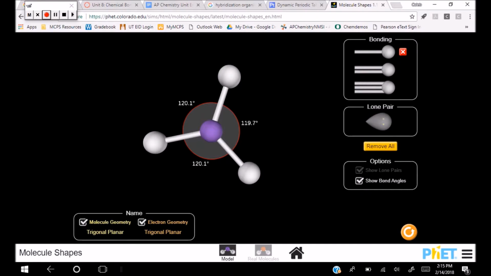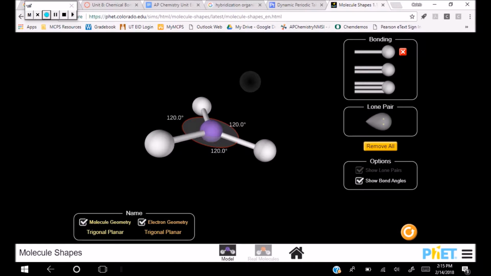So if we go back to 3 bonding groups, we have 3 atoms bonded to the central atom. You would be tempted to think that if I added a 4th atom to the mix, that we would then take all of our angles out of 360 and divide by the 4 bonds we have, which would make 90-degree angles.